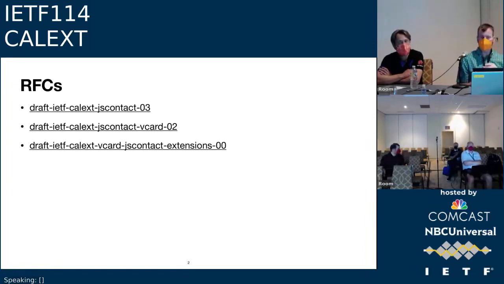That being said, this last RFC, the extensions RFC, most likely isn't complete yet. So we plan to publish all of these three RFCs together, as really this only makes sense.